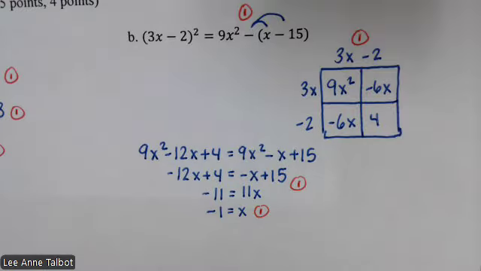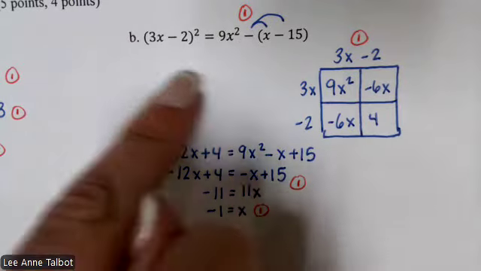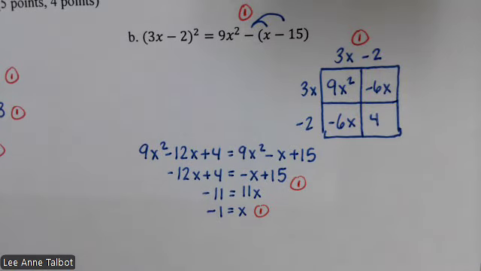How'd we do? Okay, what's the biggest thing we missed? For me, when I glanced through them, it was not doing the box. Do you guys agree? That was the biggest thing? No? What else?